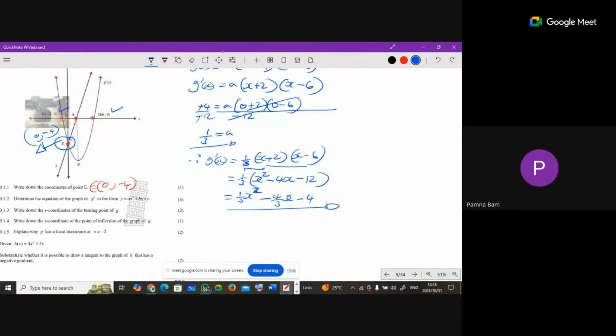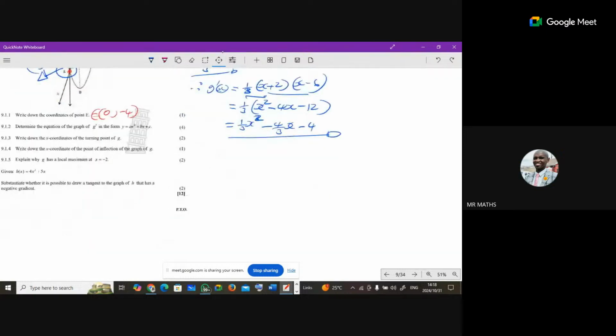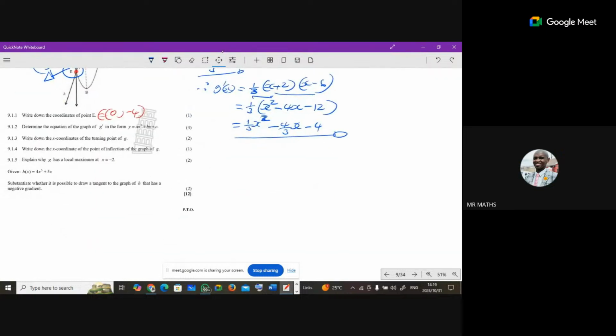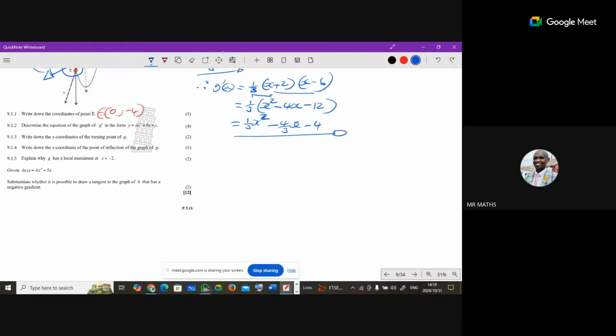Then, back to -4/3. Okay, so again, write down the x coordinate of the turning point. Now we have g of x.